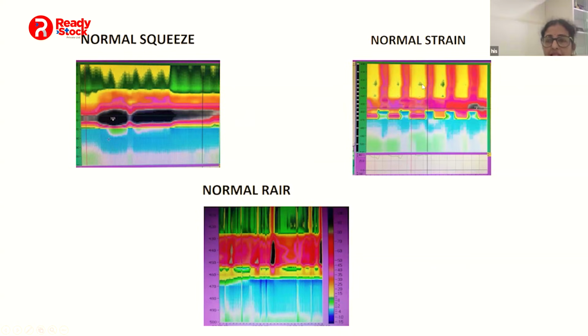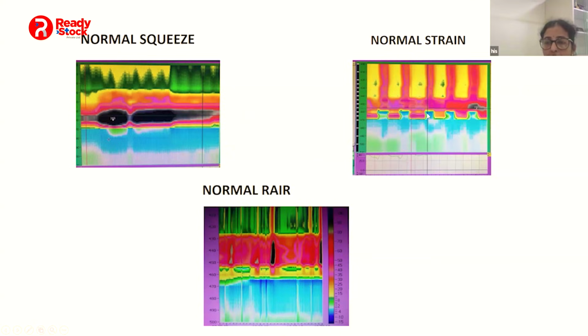Now, if you were to look at the second diagram, you will see this green and yellow has now become pink, which means there's an augmentation of rectal muscle pressure. And you can see there is a beautiful relaxation of the anal sphincter in response to the same.